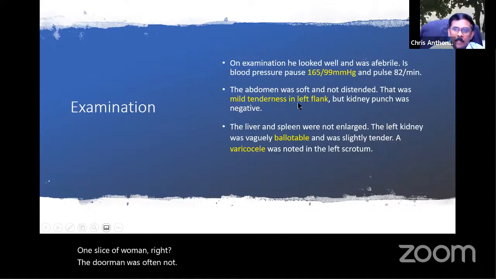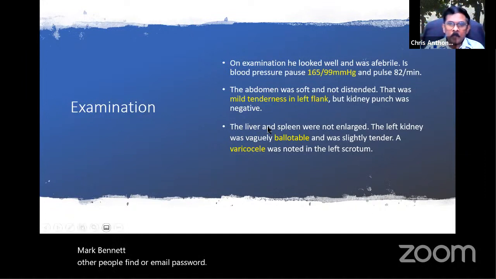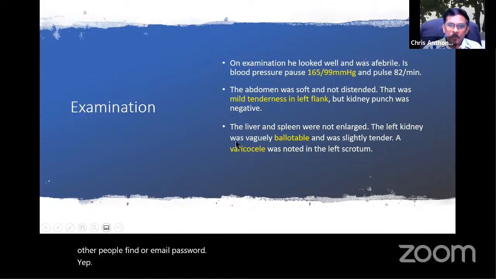There was mild tenderness in the left flank, but the kidney punch, or renal punch, was negative. The liver and spleen were not enlarged, and the left kidney was vaguely ballotable and was slightly tender. A varicocele was also noted in the left scrotum.